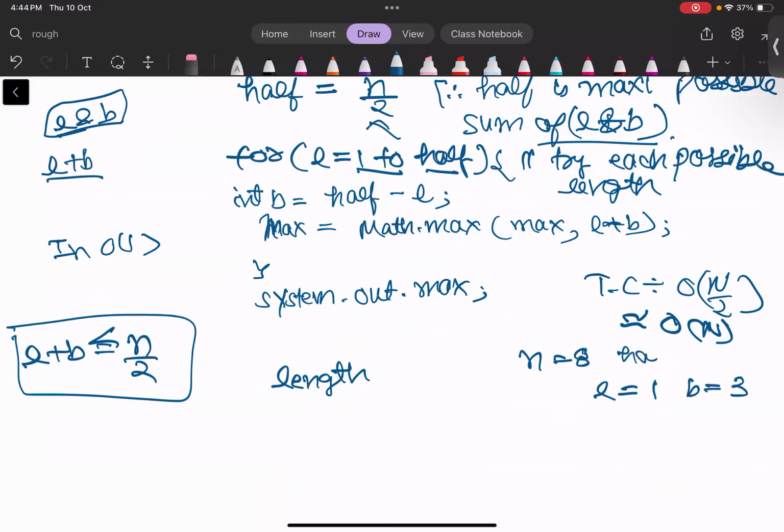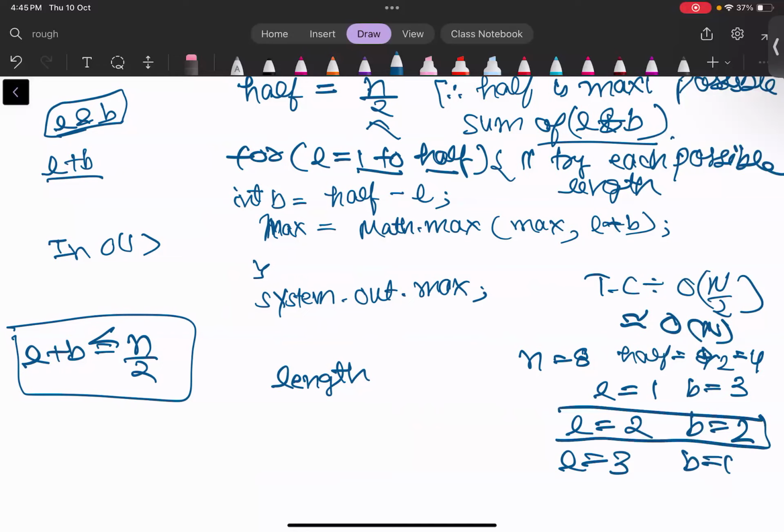Half here, 8 by 2, is equal to 4. When L is 2, B is 2. When L is 3, B is 1. We see after half, length will become 3 and breadth will become 1, but the area of this step and that step will be the same.